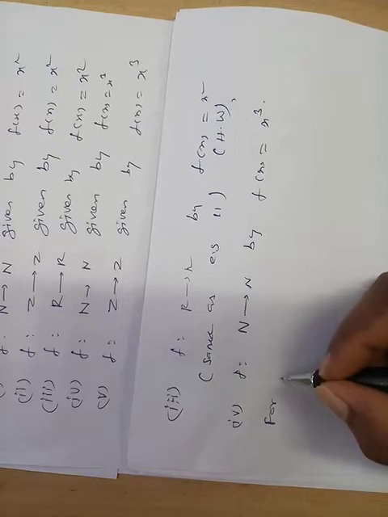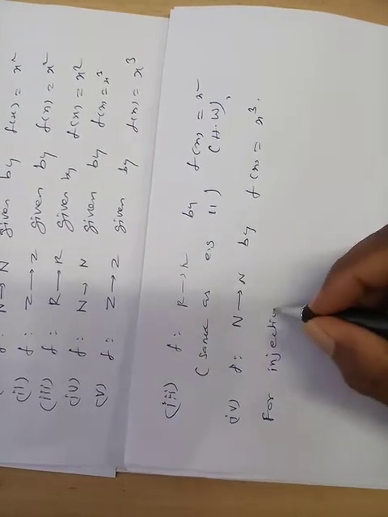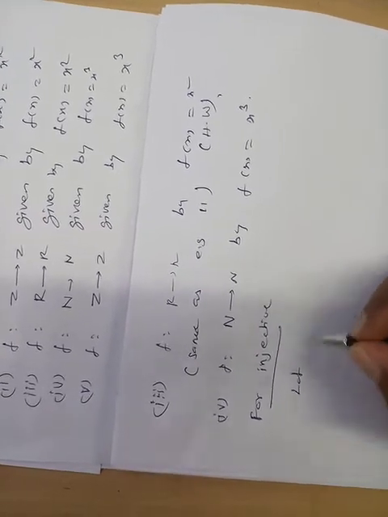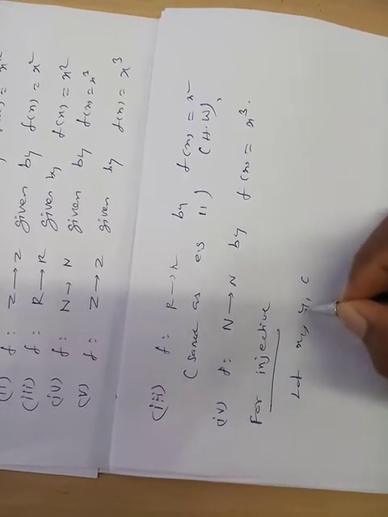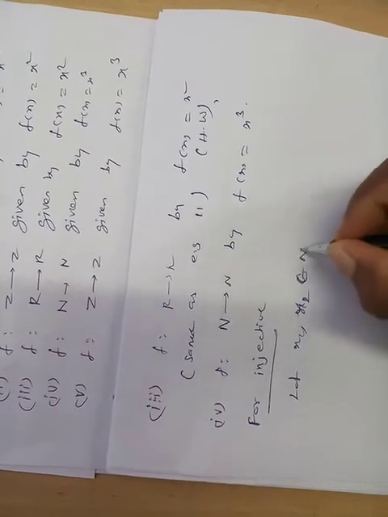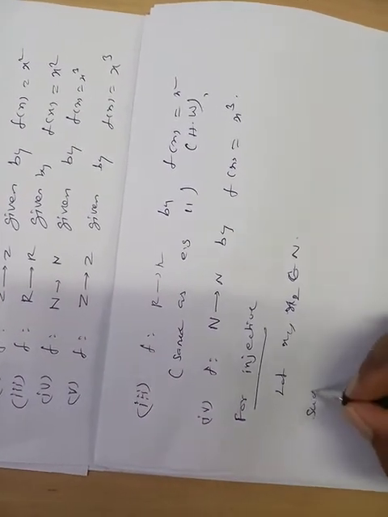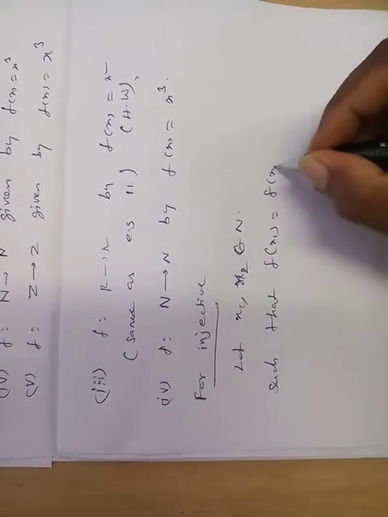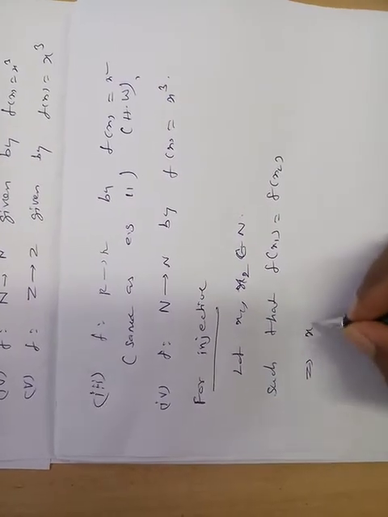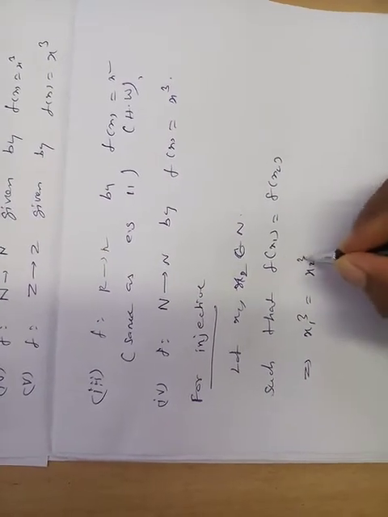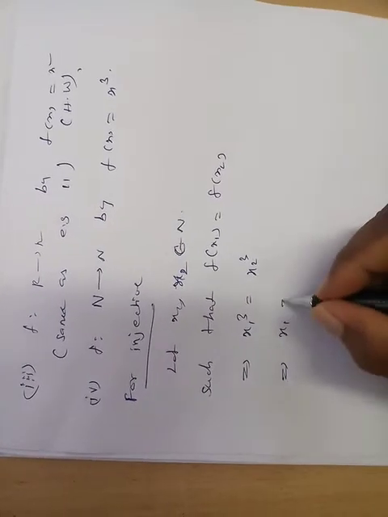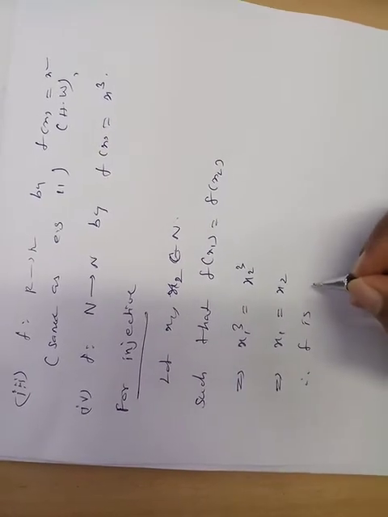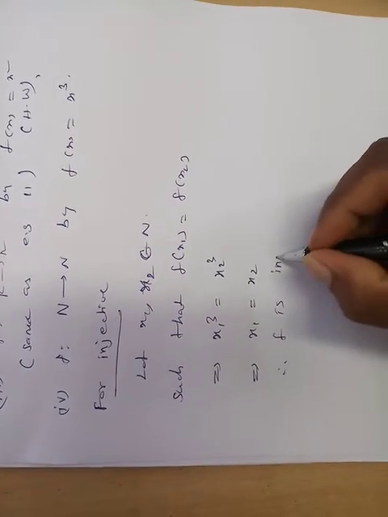For injective, let x1, x2 belong to N such that f of x1 is equal to f of x2, which implies x1 cube is equal to x2 cube, which implies x1 equal to x2. Therefore f is one-one or injective.